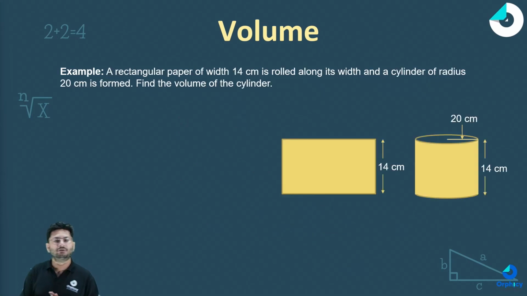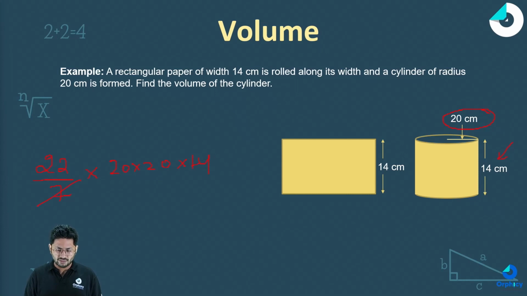Okay, then another question. A rectangular paper of width 14 centimeter is rolled along its width and a cylinder of radius 20 centimeter is formed. So basically the height of the cylinder would be equal to 14 centimeters. ओके यहाँ पर ऐसा ही लिखा है और उसका बेस रेडियस तो अलग से बता ही दिया है, that is equal to 20. So we can say that the volume is pi r square h, मतलब 22/7 into r square, that is 20 into 20 into h, which is equal to 14.